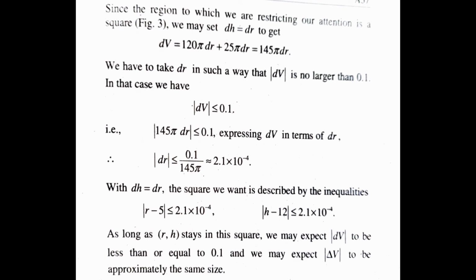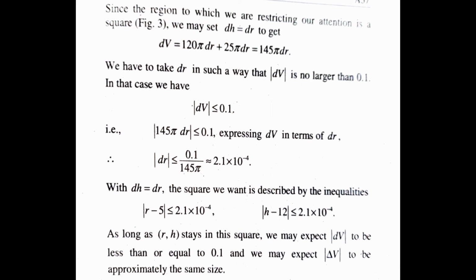square we want to describe by the inequalities mod r minus 5 less than or equal to 2.1 into 10 raised to minus 4, and mod h minus 12 less than or equal to 2.1 into 10 raised to minus 4.